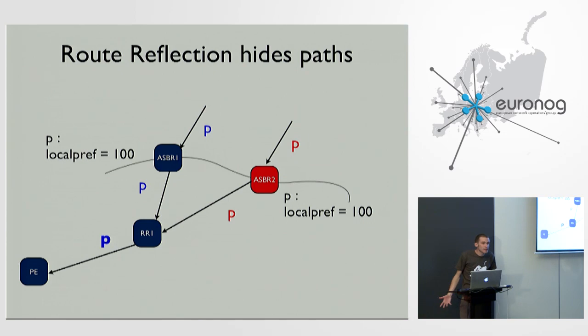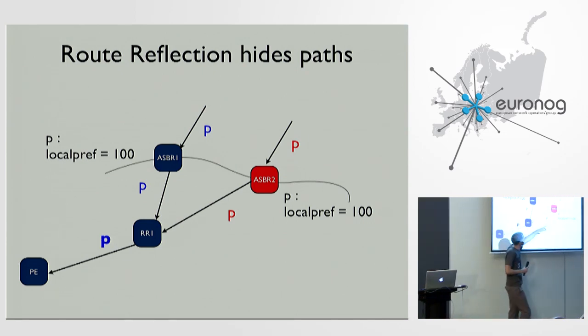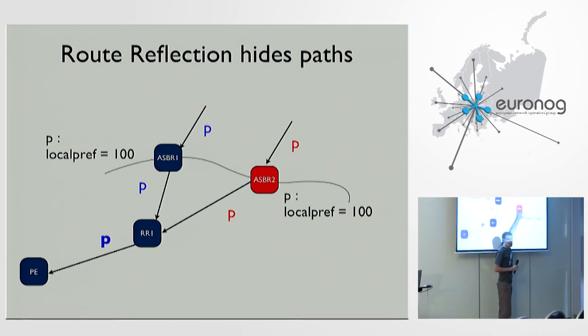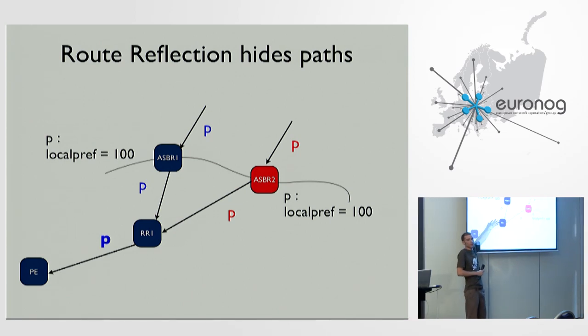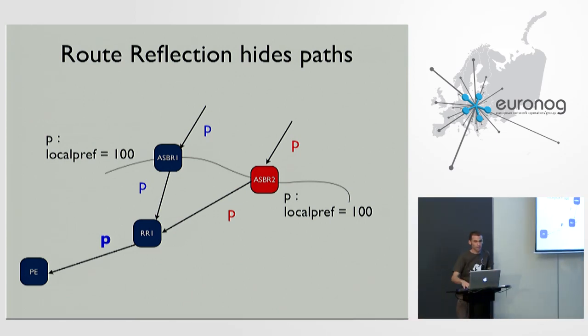Route reflection hides paths too, right? If we have the same local pref, and these ASBRs advertise their own path over iBGP, if you have a route reflector in the middle that picks one and advertises it downstream, the PE still has only one path, even though there are two available at the border of the network.